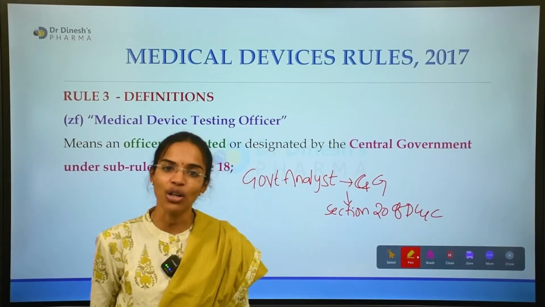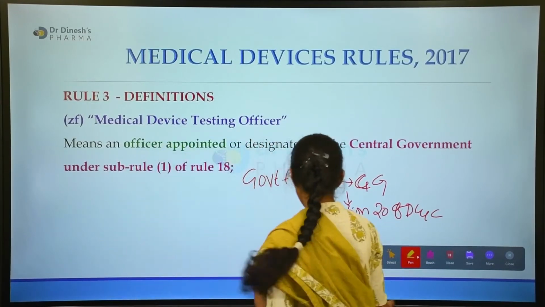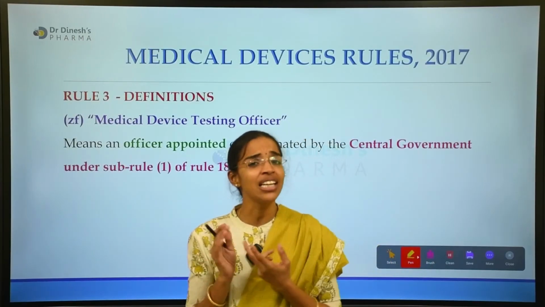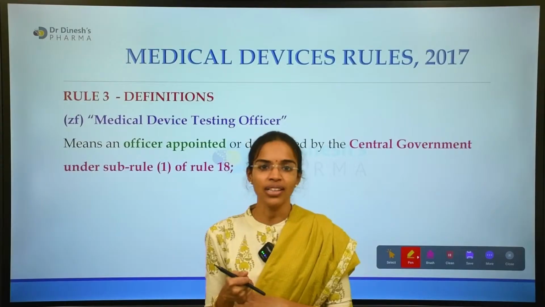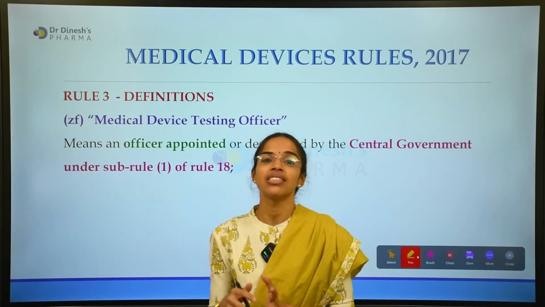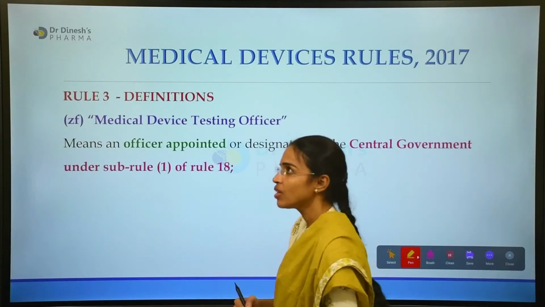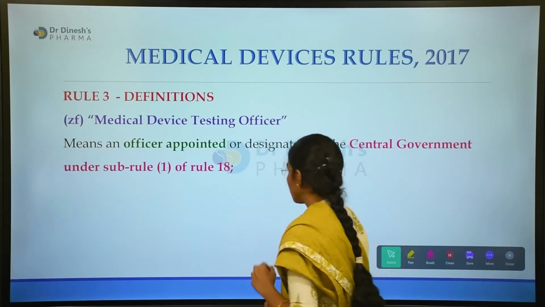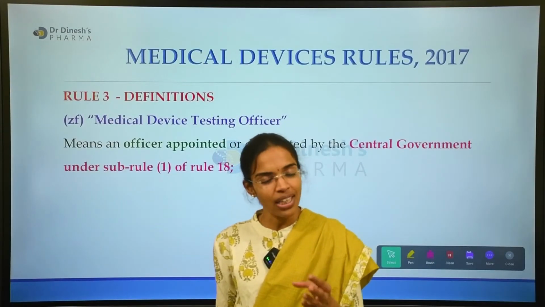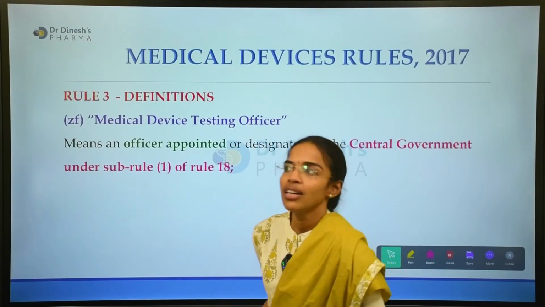This is the difference between a medical device officer and a medical device testing officer. These form the basis for many questions. Please remember, all of you, do not overlook. We may go wrong in these kinds of issues mostly.